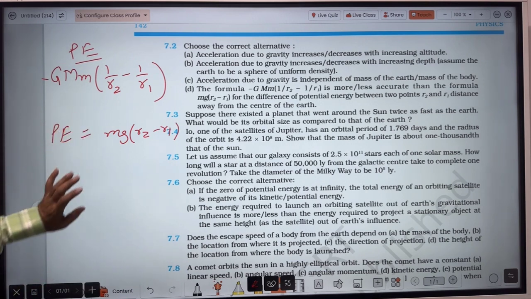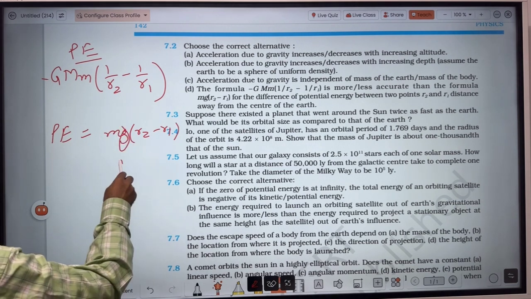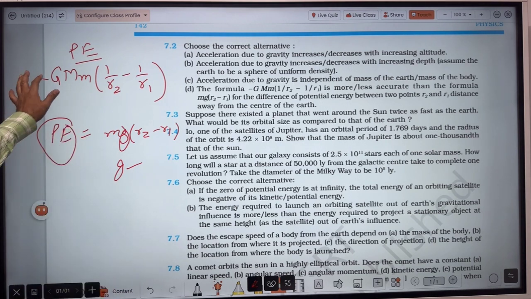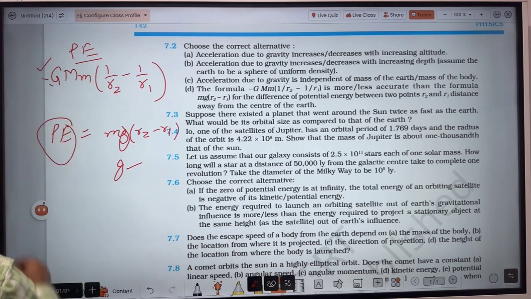So here the question says which one is more accurate. Here small g is involved and you know small g varies, so there will be variation in it. But in the first formula small g is not involved, so there won't be variation. So accuracy in this case is more than this.